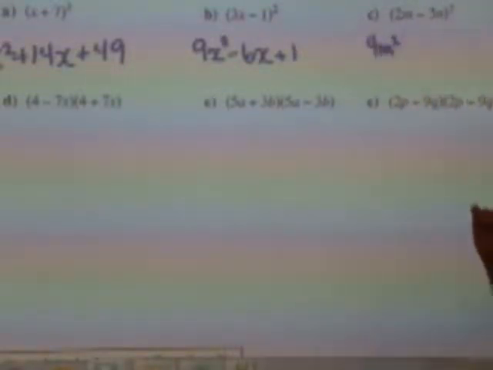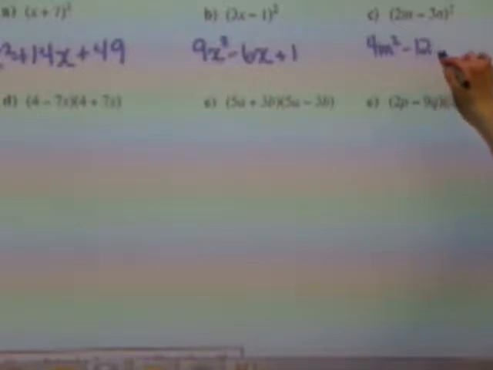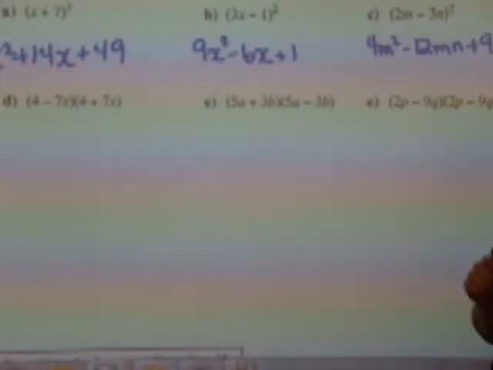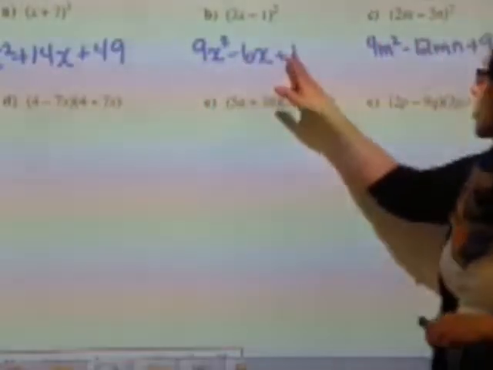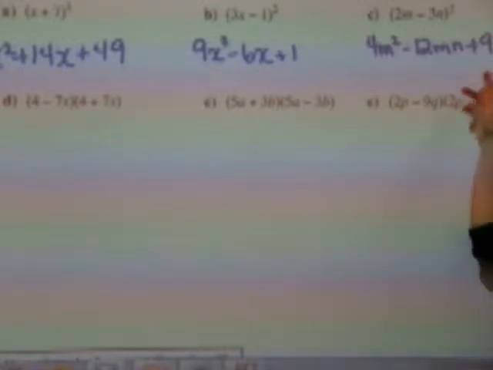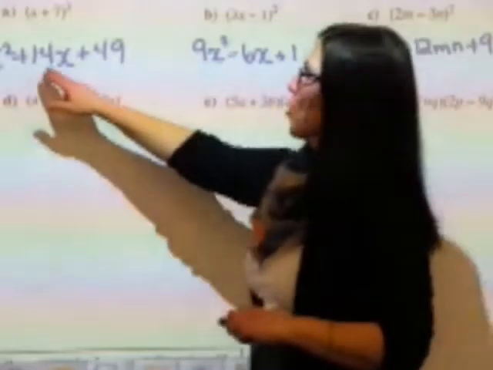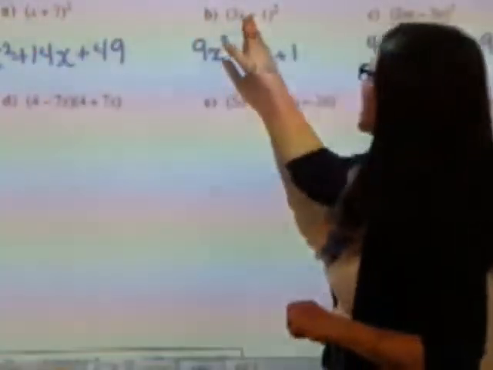Multiply the two together, double it, negative 12mn, and square the last. So things to notice: the last term is always positive, and the middle term corresponds to whatever the sign is here.